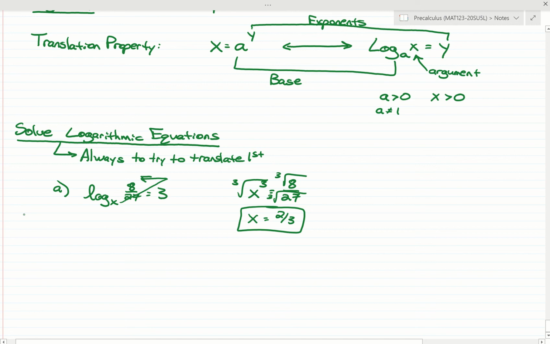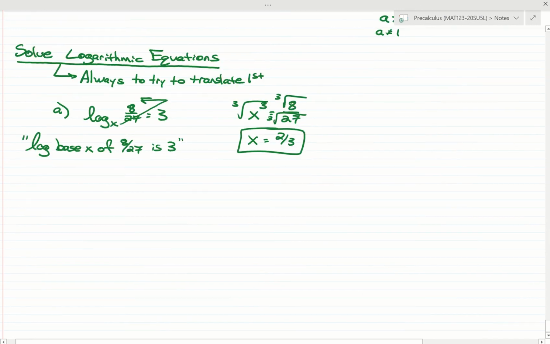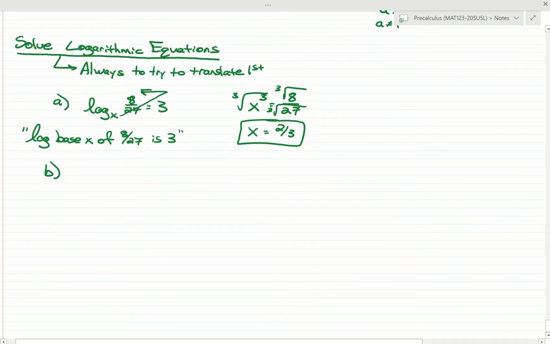The way that this is read, just by the way, so everyone knows, we read this log base x of 8 over 27 is 3. How about if we had log base 4 of x is equal to 5/2.